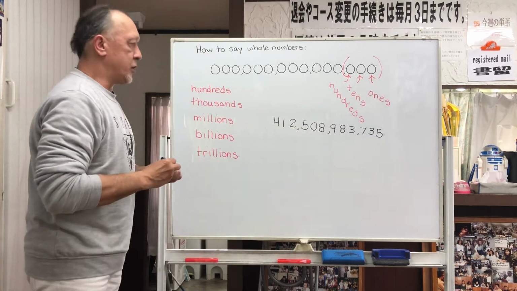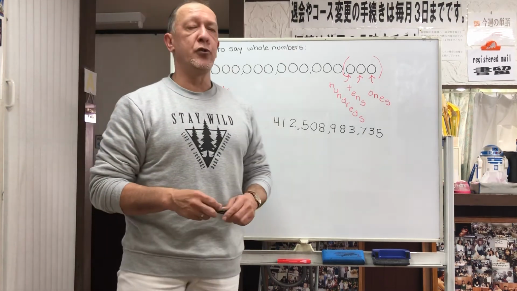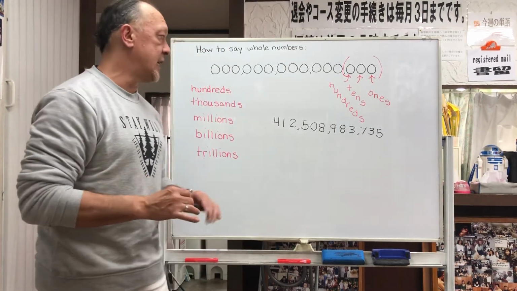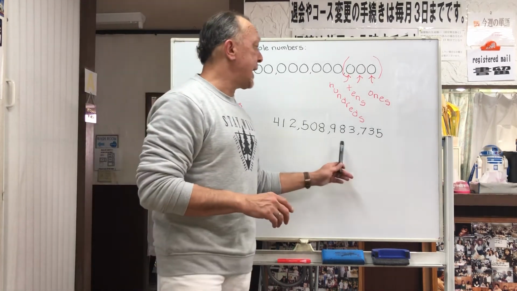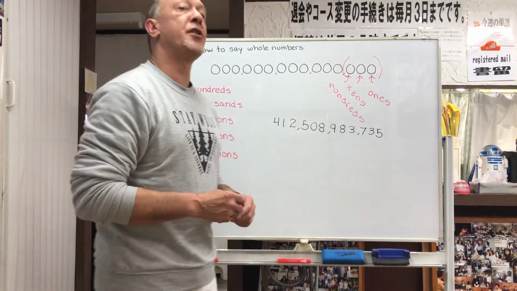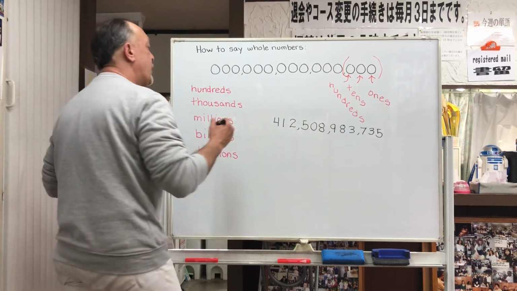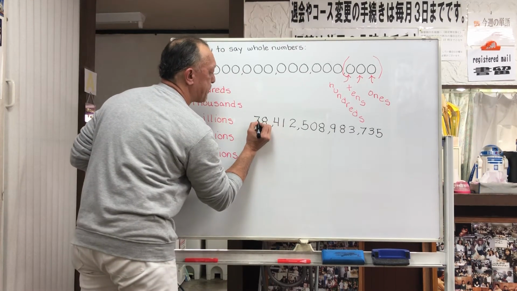We move on to the word billions. Here we have 412 billion, 508 million, 983,735. And our last three, again, just mixing it up.